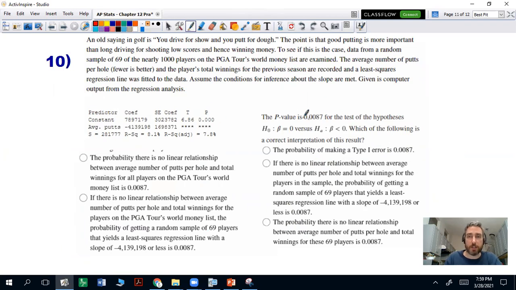And there it is right there. So here's our second question related to that. There's the p-value given for you, so there's your 0.0087. And we want to know which of the following is a correct interpretation of this result.